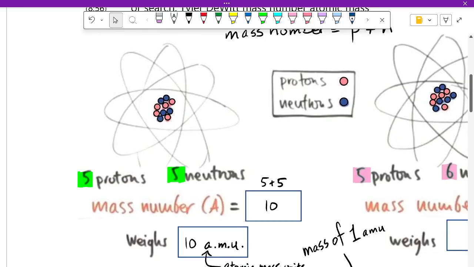Next question. You'll need your periodic table for this one, so if you don't have your yellow periodic table out, get your yellow periodic table out. Go look on your periodic table and decide which element is this.